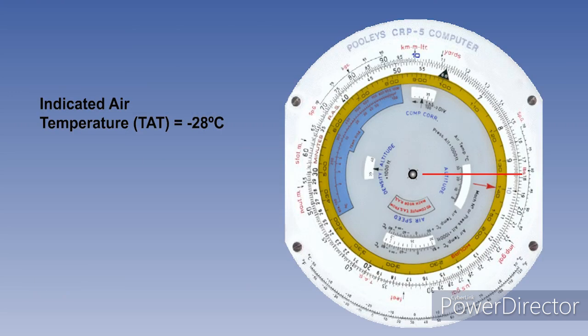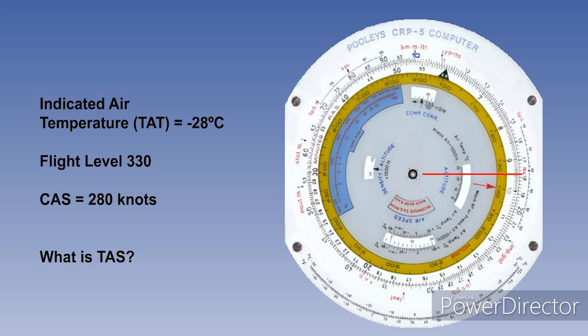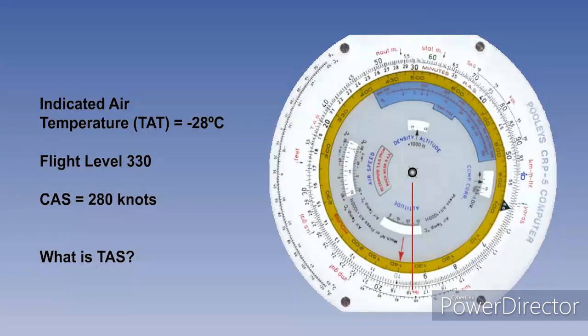Let's take a worked example. The indicated air temperature, or total air temperature, is minus 28 degrees Celsius. We are at flight level 330. The CAS is 280 knots. What is the TAS? First, using the total air temperature, uncorrected for ram rise, find the approximate TAS.